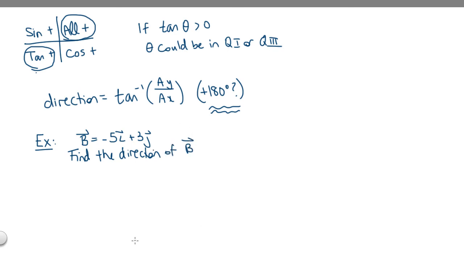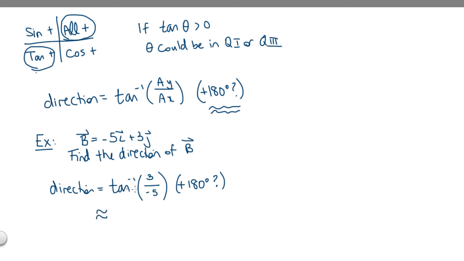According to our general formula, our direction of b is going to be arctan of the y component, so 3, divided by the x component, minus 5. We need our brackets there to make sure that arctan applies to this entire fraction. To get the correct direction, we may need to add 180 degrees to this, so we'll think about both the possible angles here.